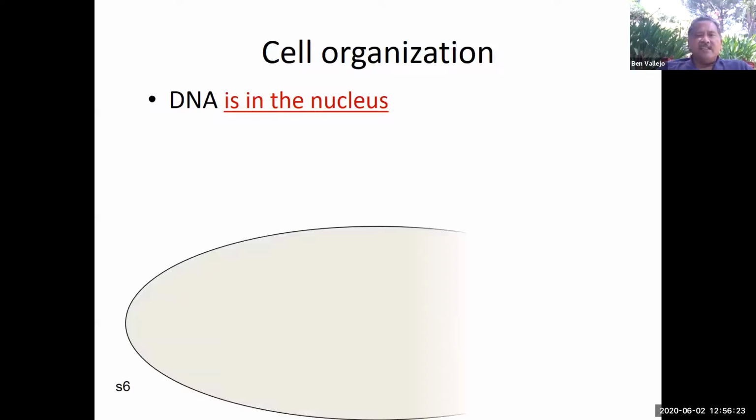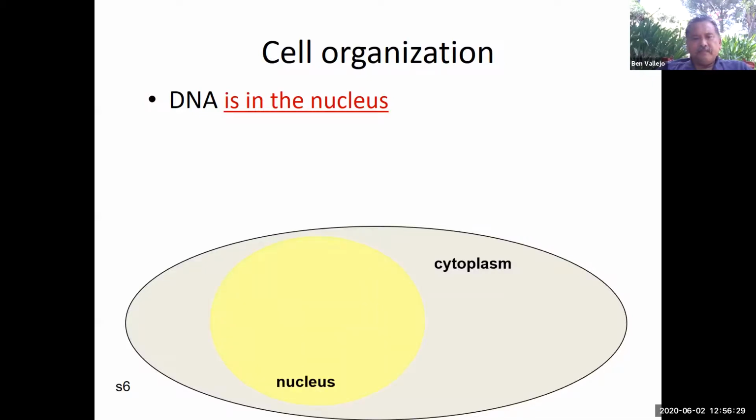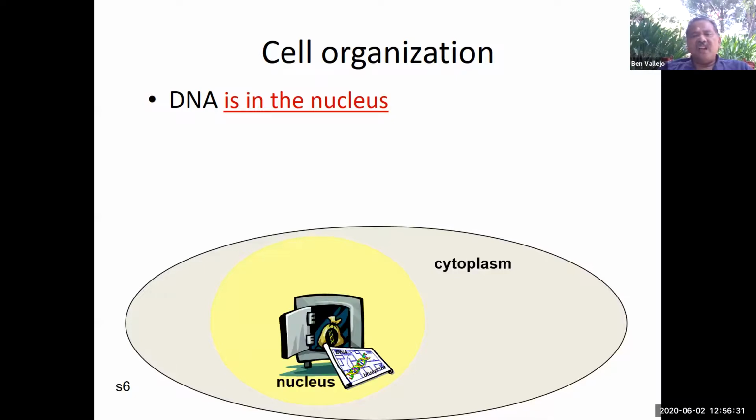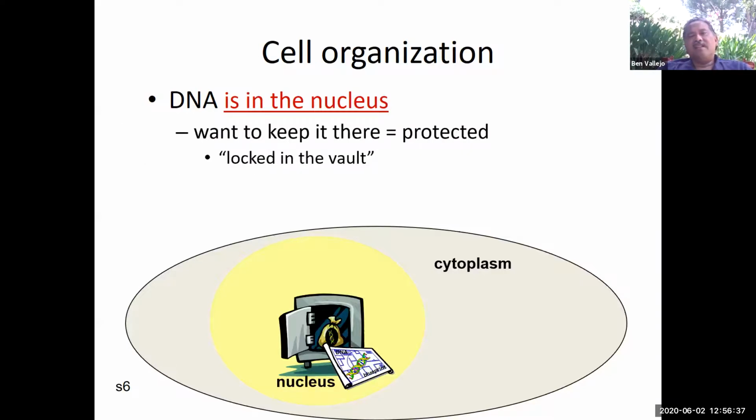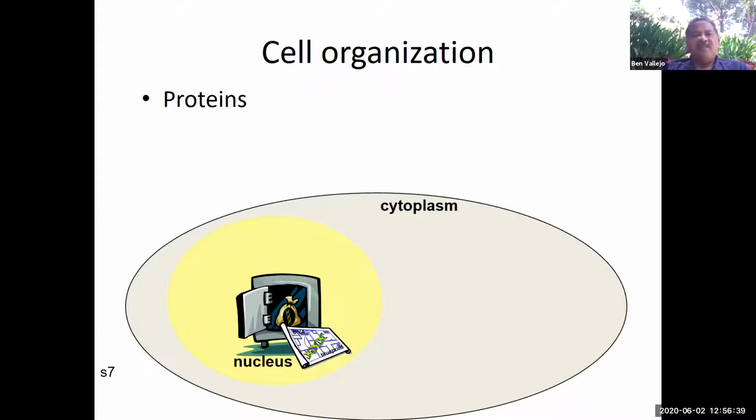Now, the DNA is in the nucleus, but remember we have the cytoplasm and the nucleus, and the DNA is stuck in that nucleus. It's protected in there, and you can consider it to be locked in the vault. But all those proteins that we're interested in are made outside the nucleus, in the cytoplasm.